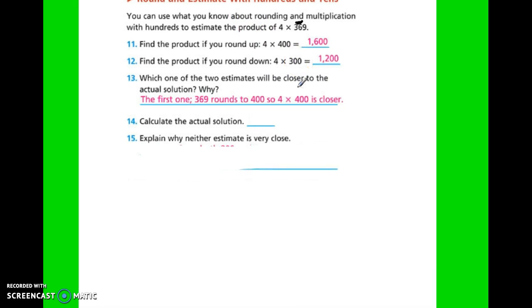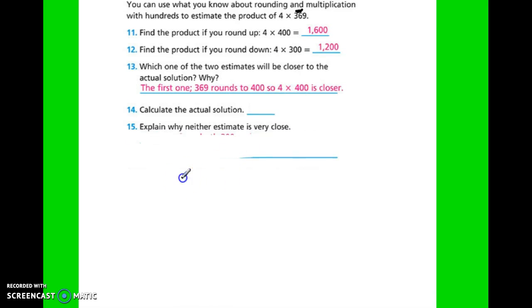All right, so now it wants us to go ahead and calculate the actual solution. So we'll do 369 times 4. I don't have my nice little chart here, but that's okay. So 9 times 4 gives us 36. So I'll put my 6 here in the 1 spot.